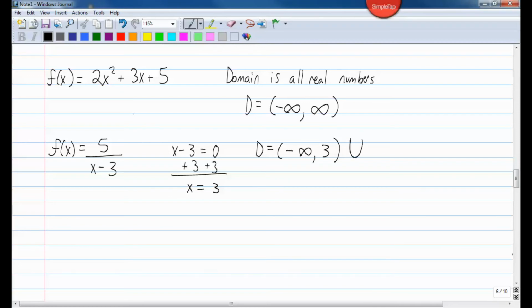And then we put a big U, that means union with, or and, 3 to positive infinity. And we always put parentheses with negative infinity and positive infinity because those are concepts, those aren't actually numbers. Alright, but this is how we would leave a positive 3 out of our domain. Negative infinity to the number, union with, from the number to infinity. So this is everything except 3. That's what that means. All real numbers except 3.